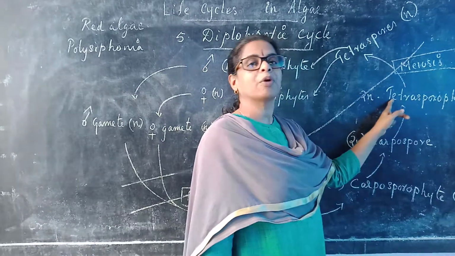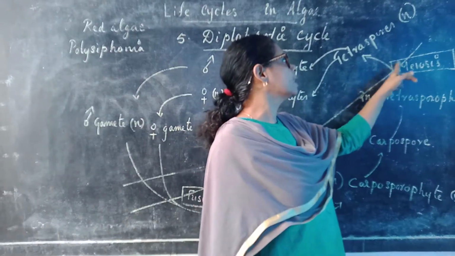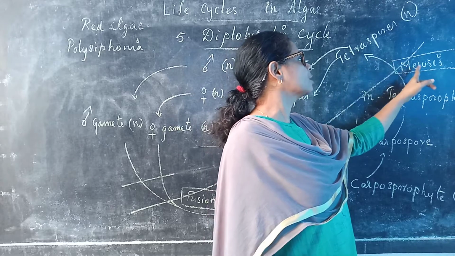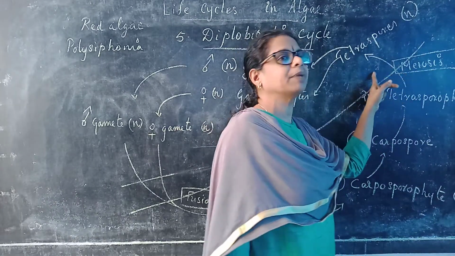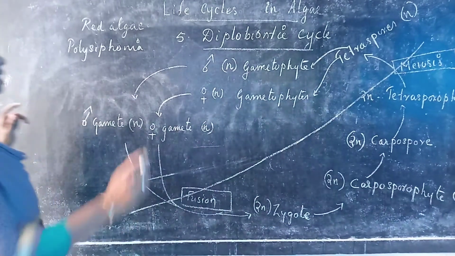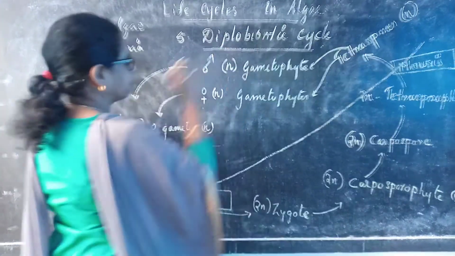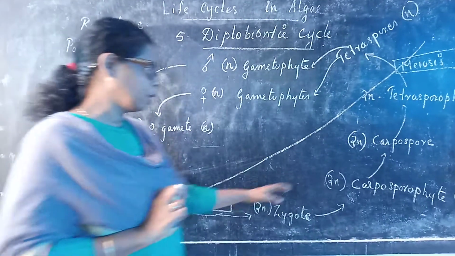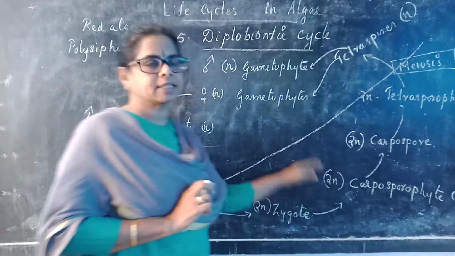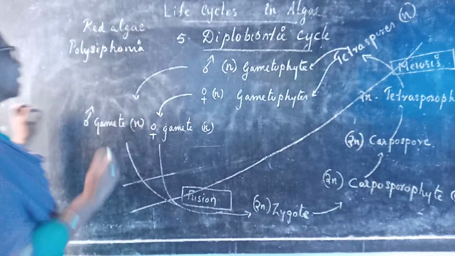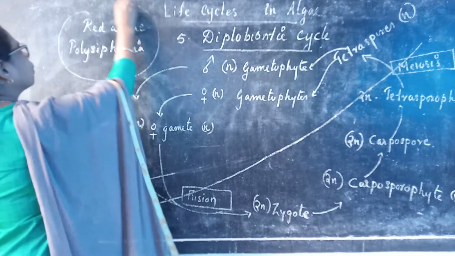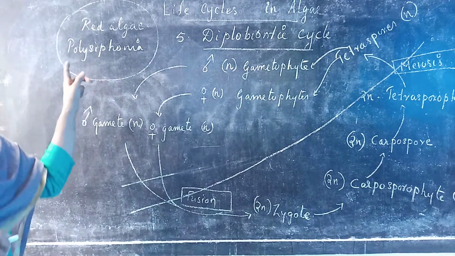But tetrasporophyte reproduces by haploid tetraspore as a result of meiosis. So this is the diplobiontic type of life cycle. Here diploid phases occur twice, whereas haploid phase occurs only once in its life cycle. And a very good example, Rhodophyceae member, Polysiphonia.